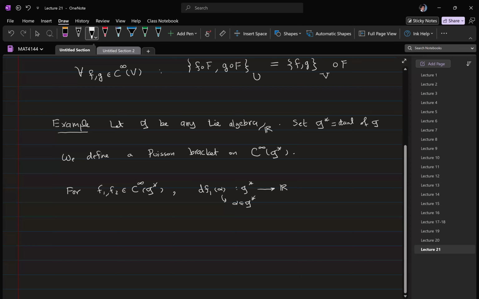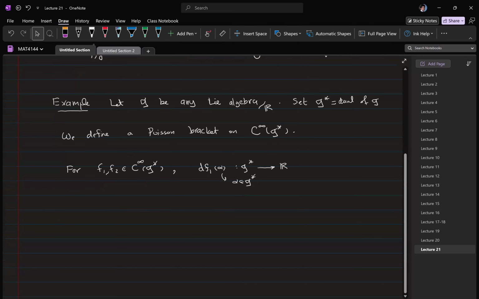And what linear map is it? At any point, it just does the directional derivative, more precisely. So df1 alpha at beta is just the usual limit that defines the derivative, right? It's the limit of f1 of alpha plus t beta minus f1 of alpha, divided by t. Just the derivative, okay?